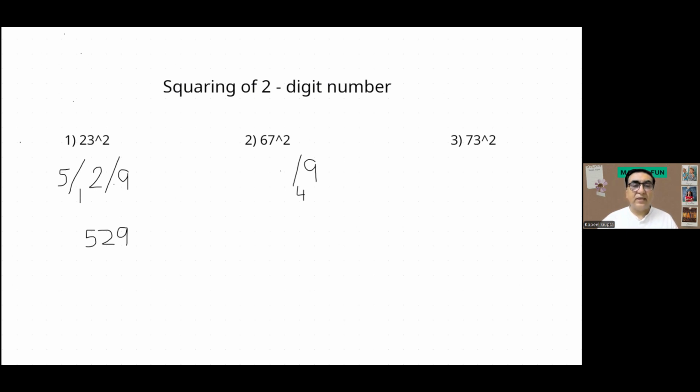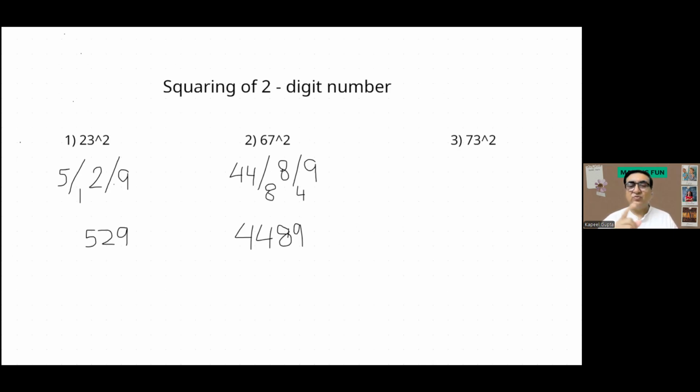So I write 8 here, and 8 as the carry forward number. Then I have 6. I'll square it, it becomes 36, and 36 plus 8 is 44. And hence we have the answer as 4489.